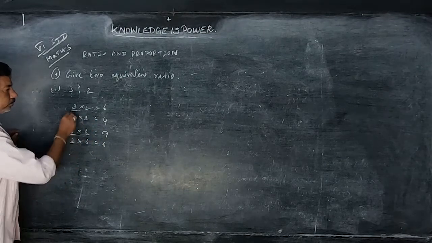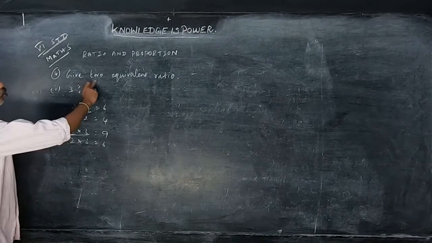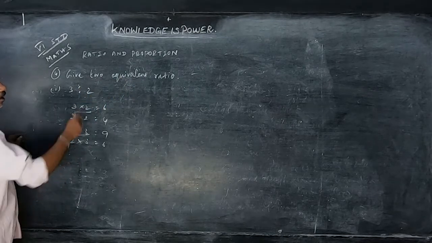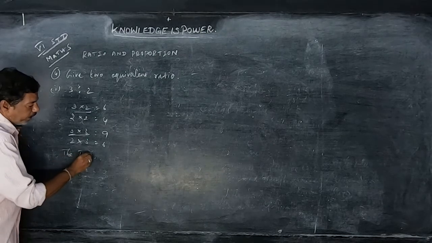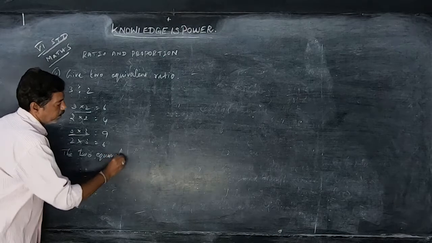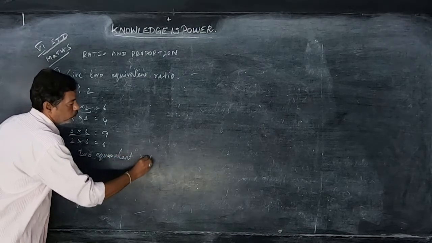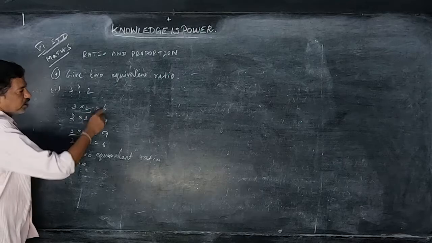It's clear? They asked for 2 equivalent ratios. Okay, அப்போ இதுக்கு 2 equivalent ratio என்னது? The 2 equivalent ratios are what? 6:4.